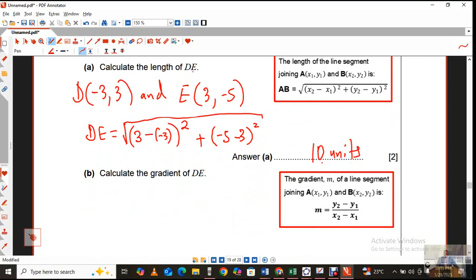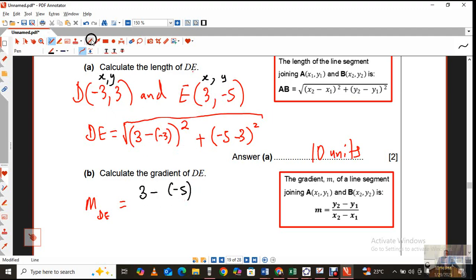Then the gradient of DE. Okay, the gradient, you take the one y value and subtract the other y value, and you take the other x value, subtract the other x value. So if I decide to find the gradient of DE, for example, I will start with D. I'll take the Y value, so maybe sometimes to avoid confusion, right here X comma Y. So I'll take the Y value of D, which is 3, minus the Y value of E, which is negative 5.